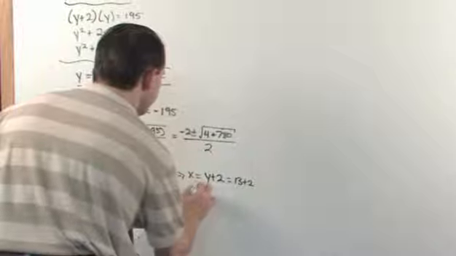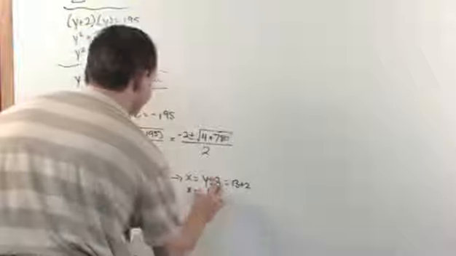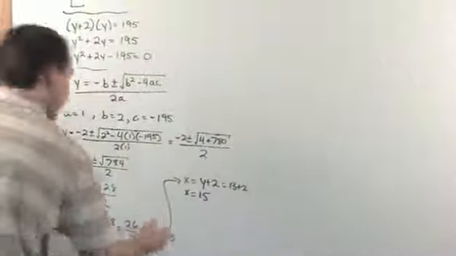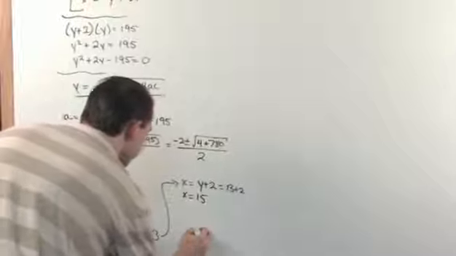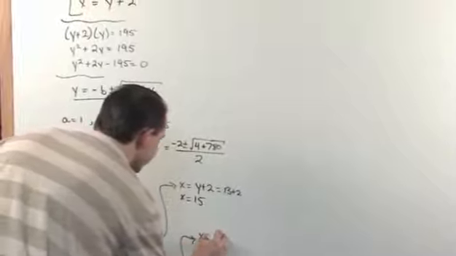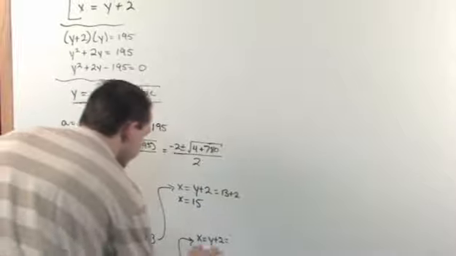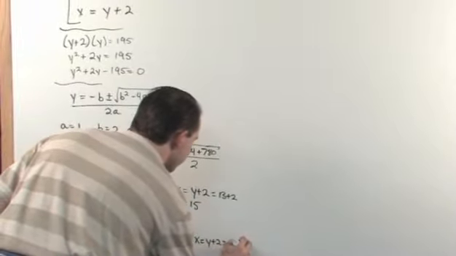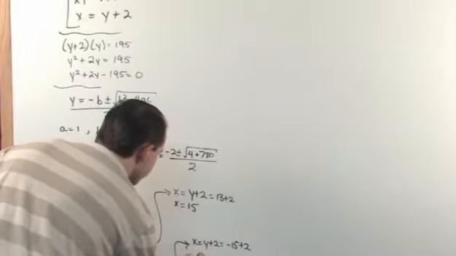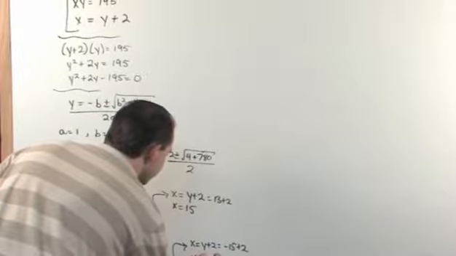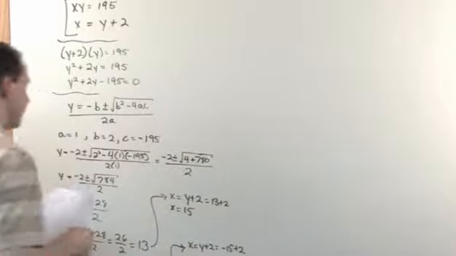So x is going to equal 15. And using this version, x is going to equal y plus 2, which is going to equal negative 15 plus 2. So this version is going to give us negative 13.